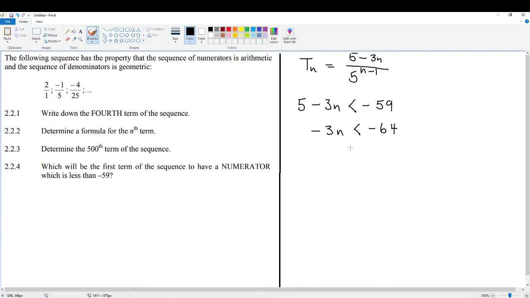So if we divide throughout by minus 3, this becomes n is greater than minus 64 over minus 3. So n should be greater than 21.333 recurring, which means the term at n is equal to 22 would be that first term in the sequence to have a numerator less than negative 59.